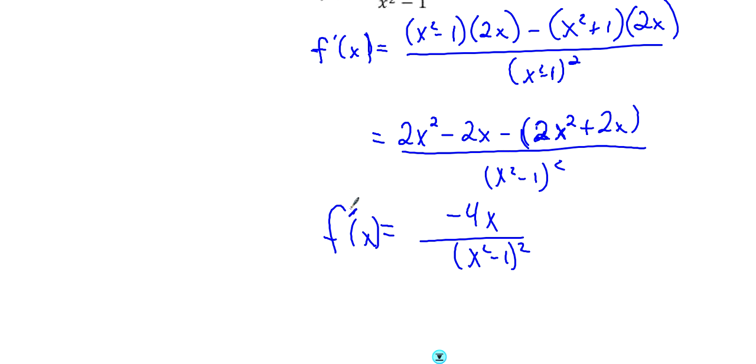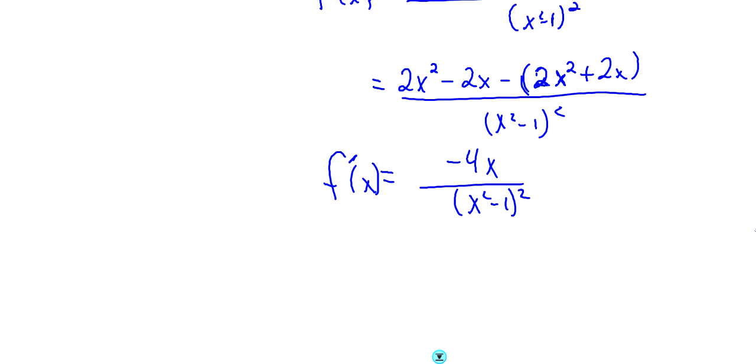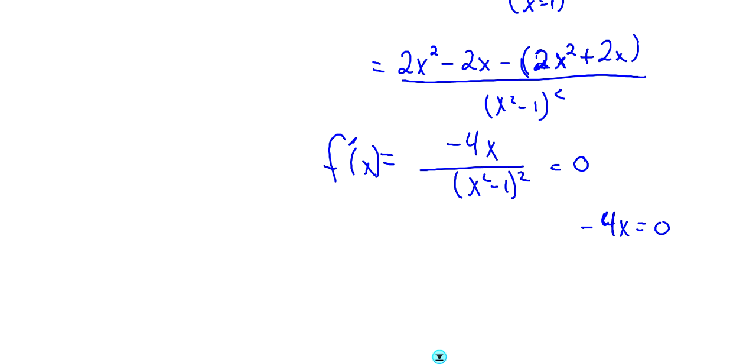Now, in a rational function, what we learned in pre-cal, to find zeros of the rational function, they come from my numerator. So when we set this equal to 0, we're basically just setting negative 4x equal to 0. Because whenever the numerator is 0, the whole thing is 0. So that's when x is 0. But our critical points also come from where our function is undefined.